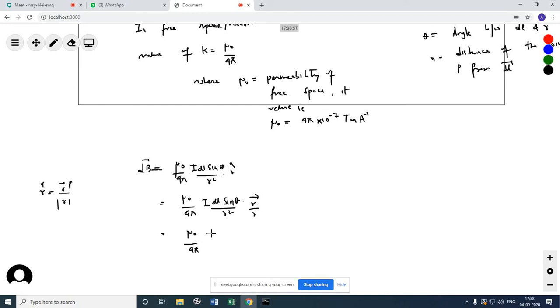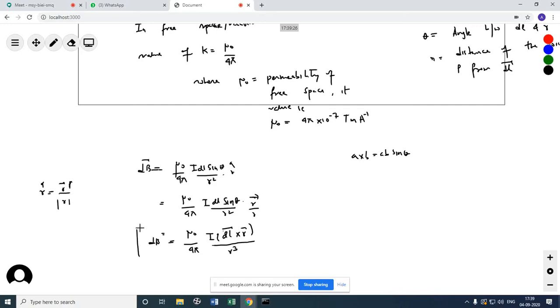So now for dl vector, I can write I, dl r sine theta, isn't this a b sine theta? A cross b is equal to a b sine theta. We know this is the cross product of vectors. So this can be written as dl vector cross r vector. Remember, it is dl cross r and not r cross dl. Two different things, into r cube.